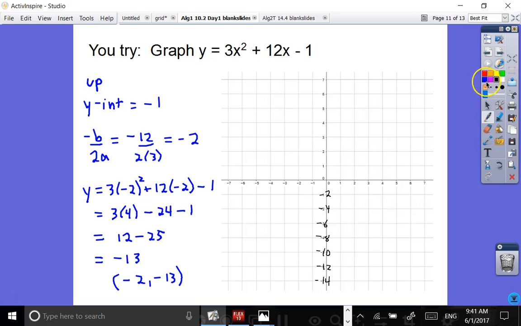And then I can go back to blue and a little bit fatter than that. Okay, so let's see. The y-intercept is negative 1. There we go. The vertex is negative 2, negative 13, about right there. All right, the axis of symmetry should go right through the vertex, so I can sketch that in.